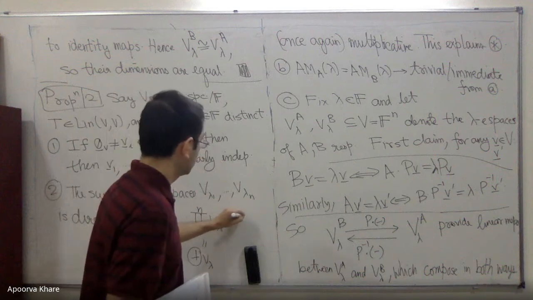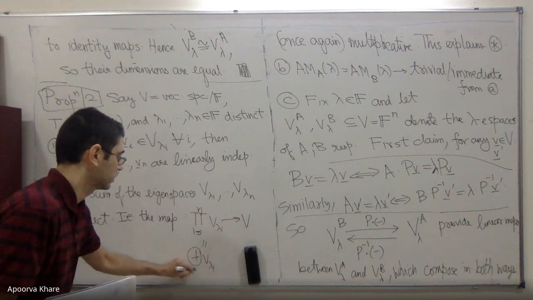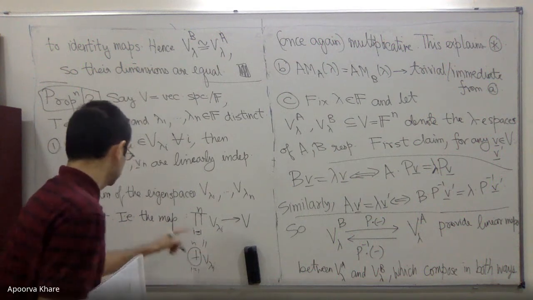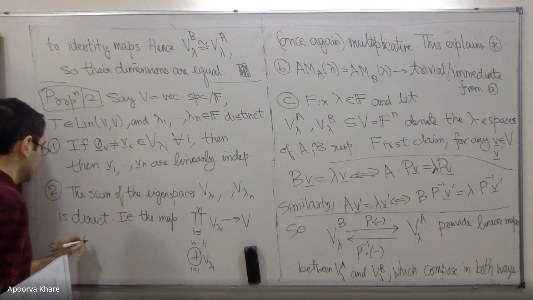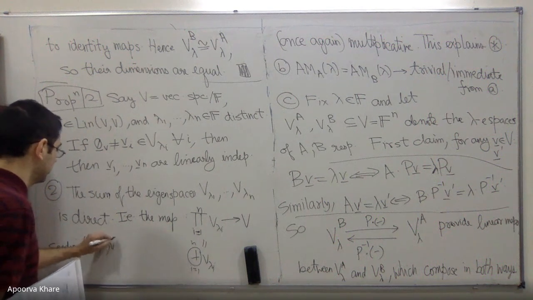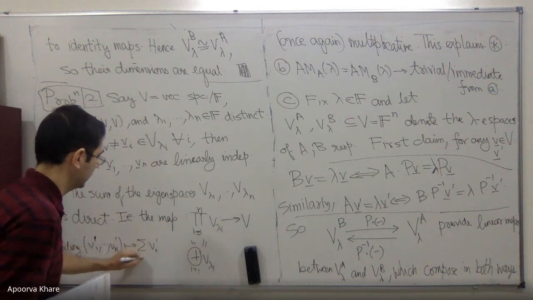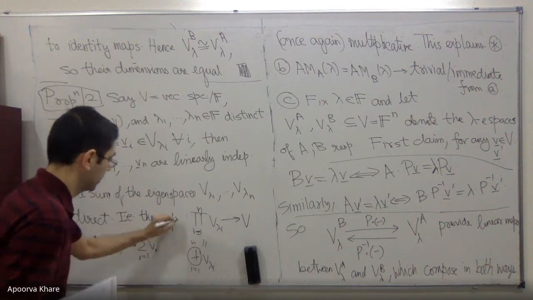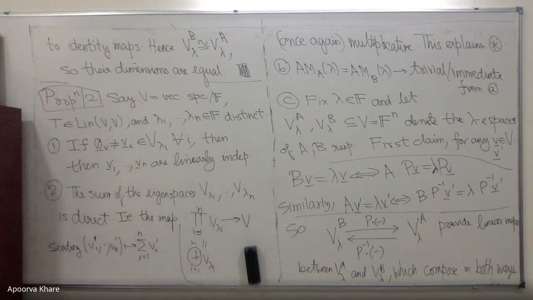To V, this map sending V prime 1, ..., V prime n to the summation of V prime i is a linear map.